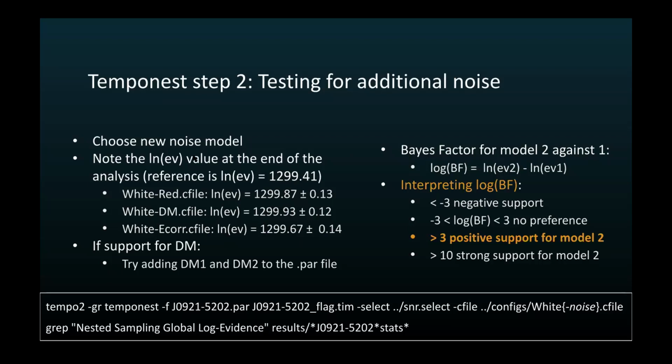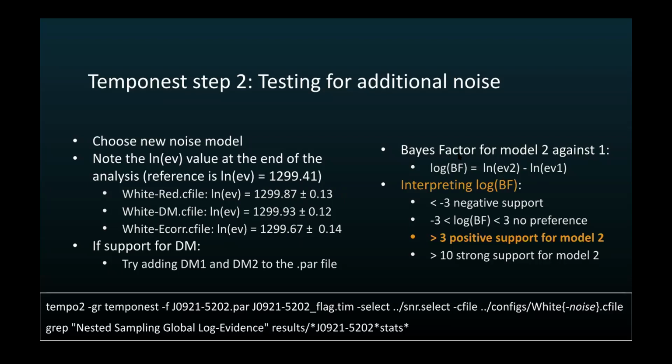So let's say we wanted to compare white noise only versus white noise and red noise. The log evidence for white noise only was 1299.41, and I got that from a previous slide. The log evidence for white noise and red noise is 1299.87. And so you take the difference between these, and the difference is 0.46.